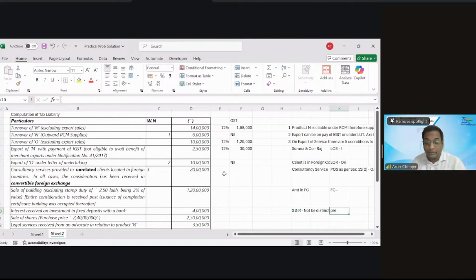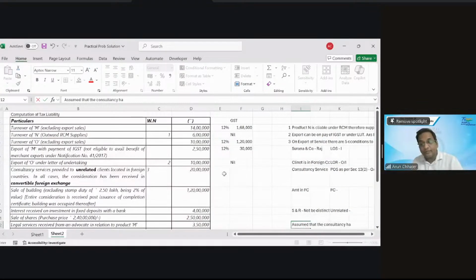Correct? Because they are saying unrelated, so it is also satisfied. I'm just telling you how the question itself has clarified all the five conditions. You are not required to assume anything, but yes, you can assume that the consultancy has been rendered on LUT basis only.